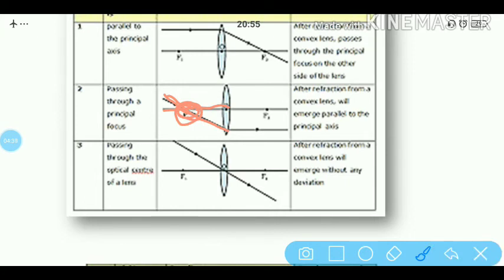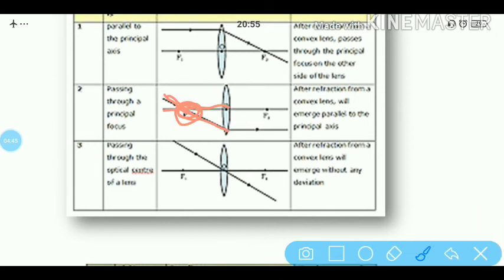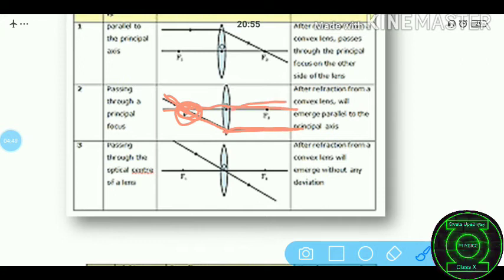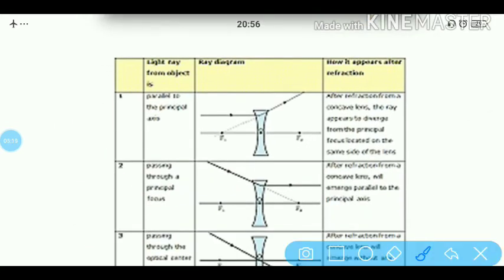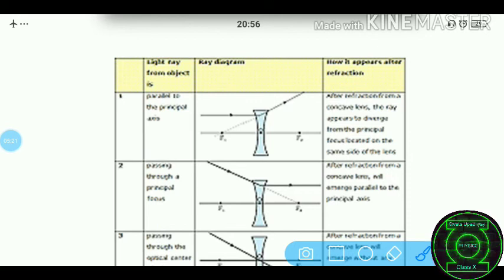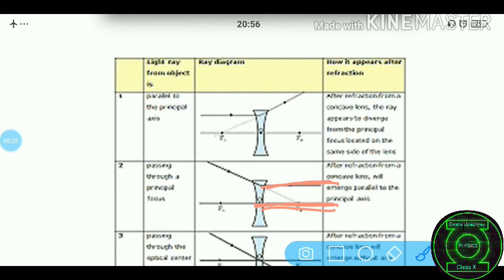After refraction, directed towards the first focus, it emerges parallel to the principal axis. And the same condition happens to concave lens also. A ray of light which is directed towards the focus, after refraction, is parallel to the principal axis.